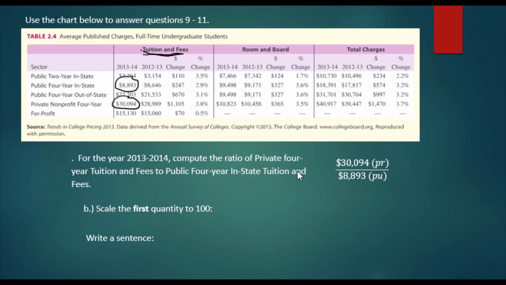Okay, for B here, we have our original ratio. You want to scale the first quantity to 100. So think about that. I want the same ratio, except I want the top number scaled to 100. That means I don't know what the bottom number is. But it's the same process. Cross multiply and divide.